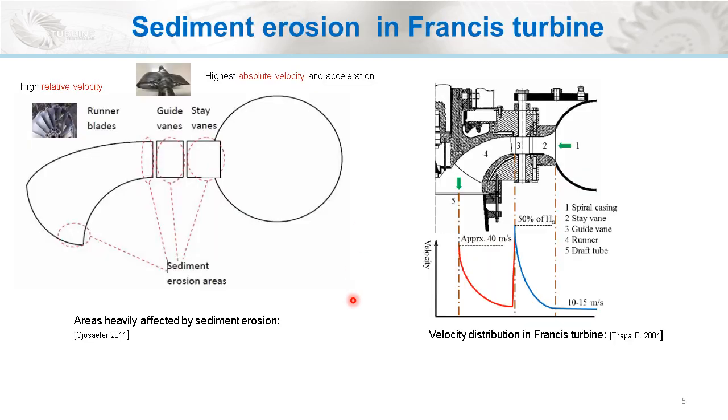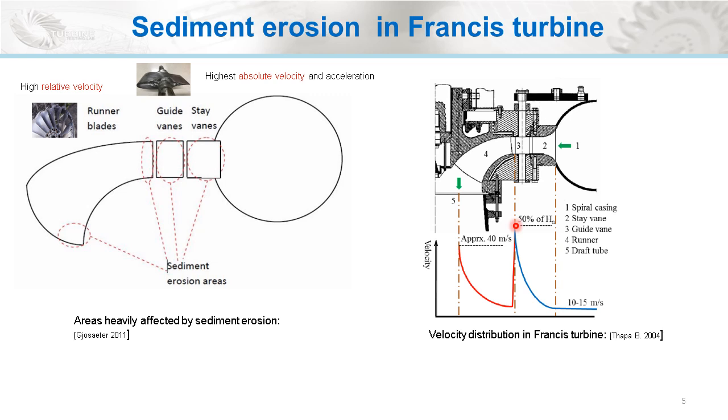Now let me talk about the design philosophy of Francis turbine, and this is the velocity distribution in Francis turbine. When the water from the spiral casing enters the stay vane, the velocity will be around 10 to 15 meters per second, and when it enters towards the guide vane, it accelerates and the velocity will be increased.